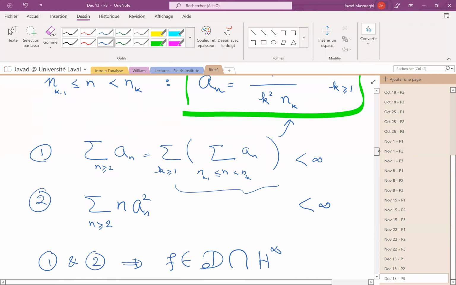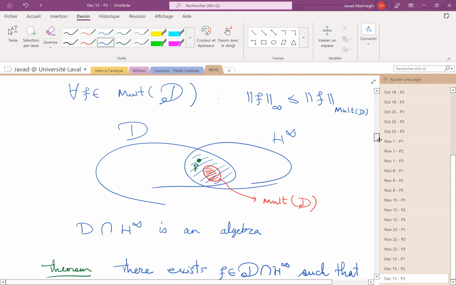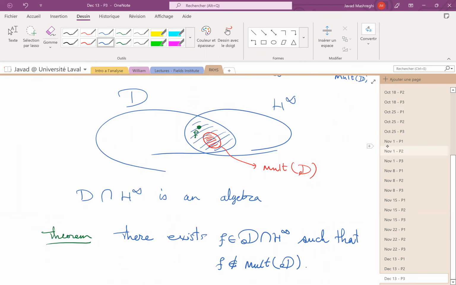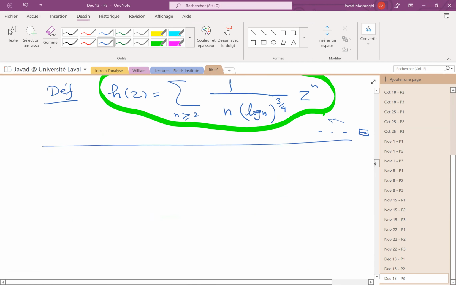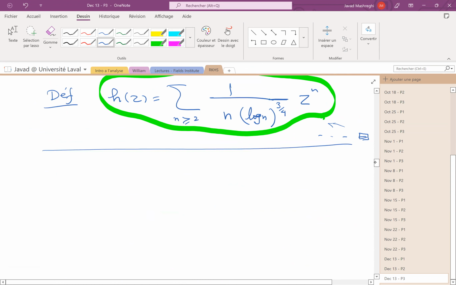So back to this diagram, Mult D is really smaller than the intersection of D and H infinity. And I give you a little bit more information about that. Even though we have a complete characterization by Stegenga, which I will mention as the last theorem of our course, we'll see that it's not a handy characterization.